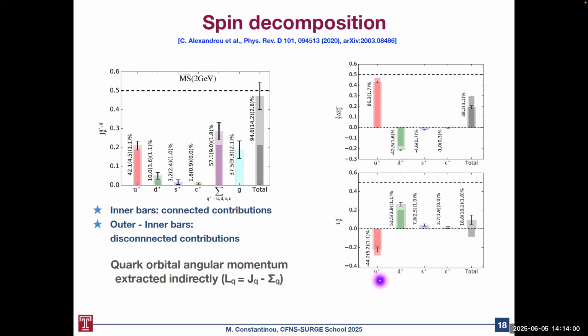The orbital angular momentum, and you see we satisfy the sum rules, both here and the momentum fraction. But if I look at this, you can either pretend this, I'm not going to show it because I don't get it directly, or you can say, I can take the difference and subtract the intrinsic spin from the quark spin and find what the orbital momentum is for that quark.